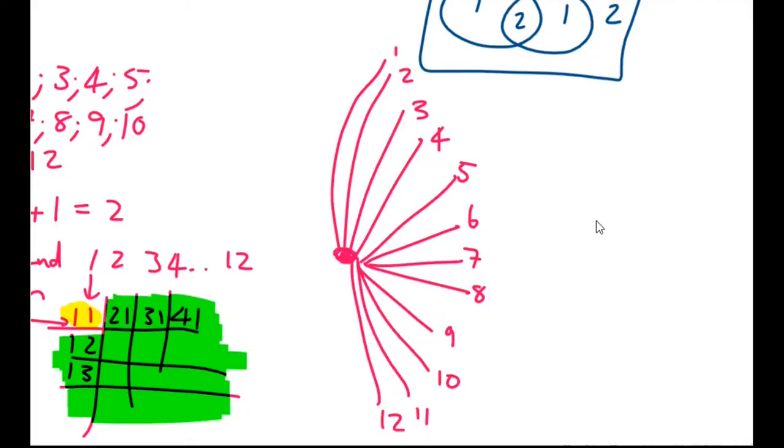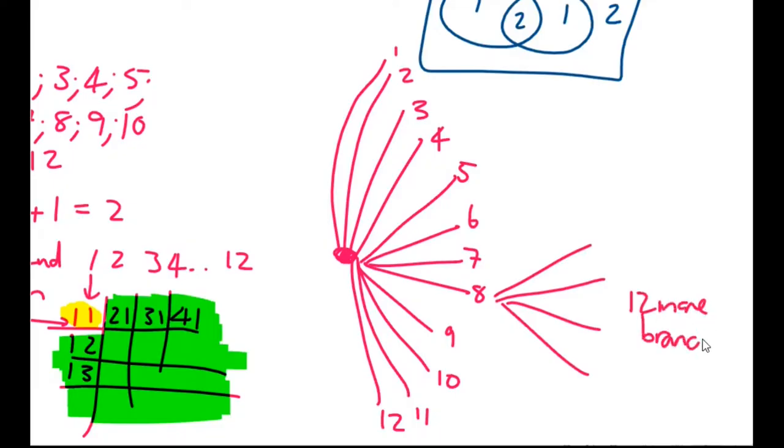And then for each one of those, I have to draw, and I'm not going to do it, 12 more branches for every single one of those numbers, because that's in my second spin. I could also get a 1, 2, 3, 4, 5, 6, 7, 8, 9, 10, 11, or 12.